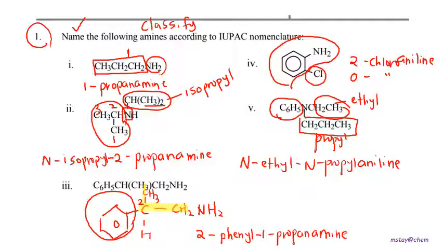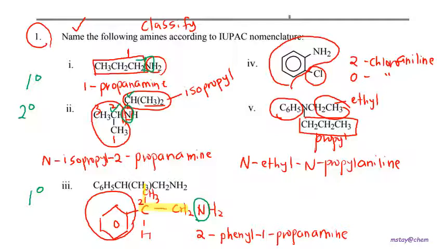Okay, after we do the naming, now let's classify. This nitrogen is only attached to one carbon, so primary. However, this nitrogen is attached to 2 carbons, so it's secondary. This nitrogen is attached to 1 carbon, so it's primary.